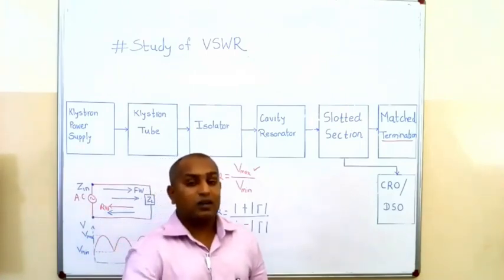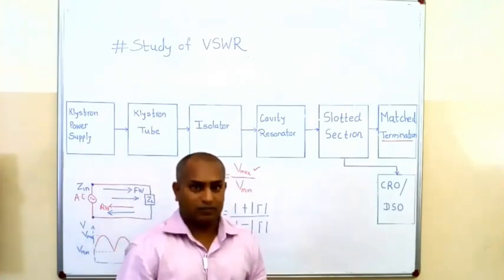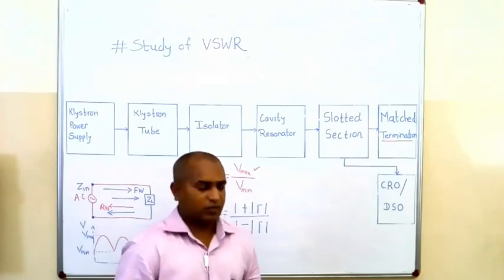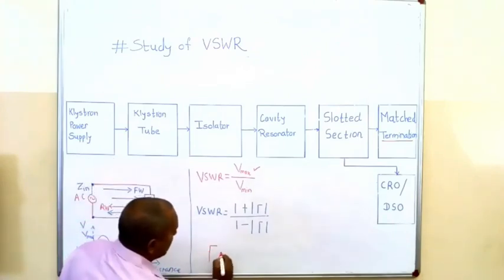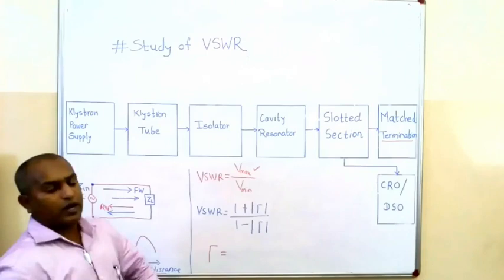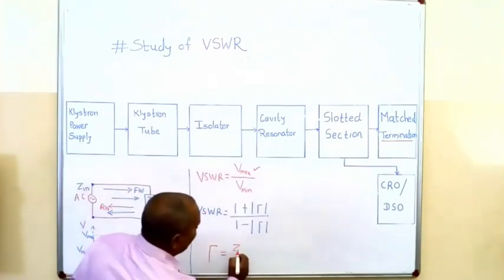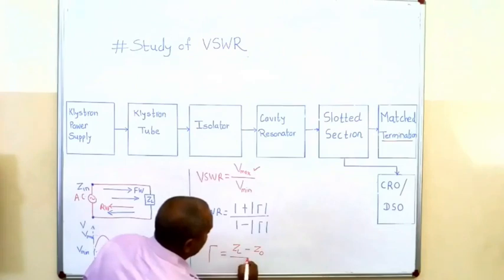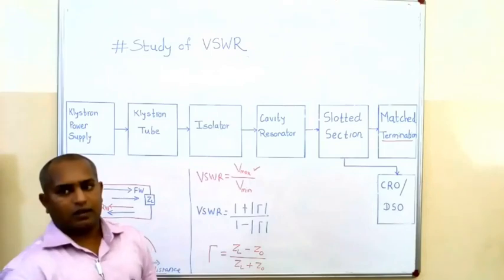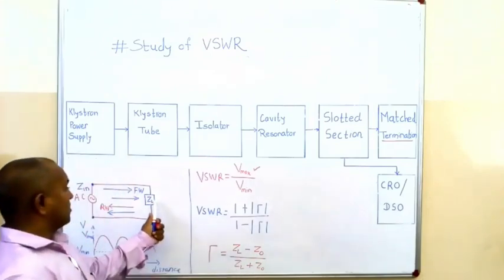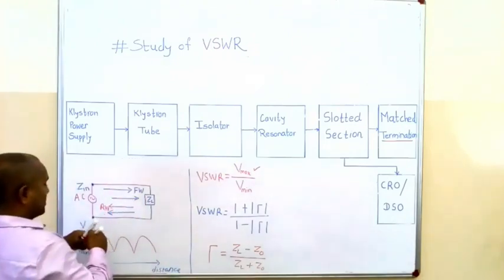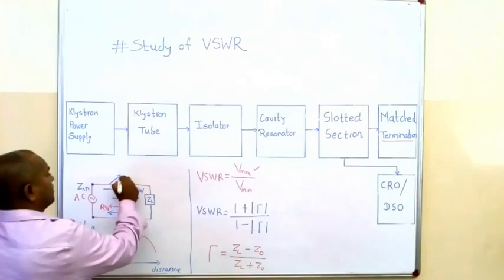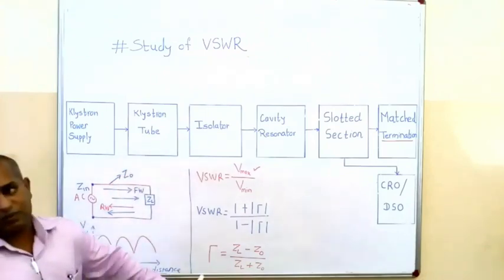We already have seen this in a previous year or in the electromagnetic subject. We know the reflection coefficient across any transmission line or any waveguide can be calculated by using ZL minus ZO divided by ZL plus ZO. Here ZL is the load impedance, and ZO is the characteristic impedance of the waveguide or transmission line.